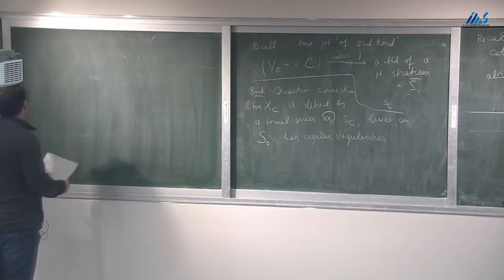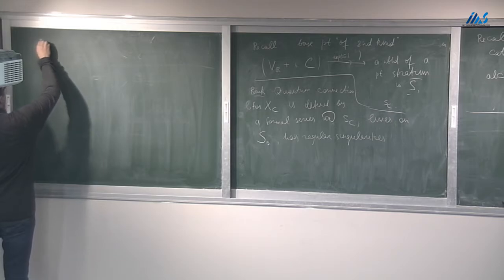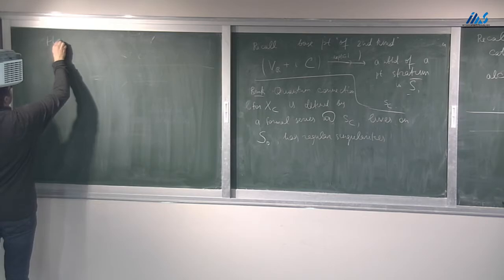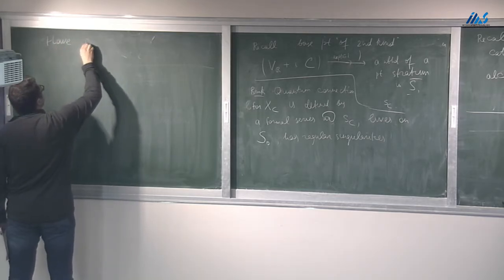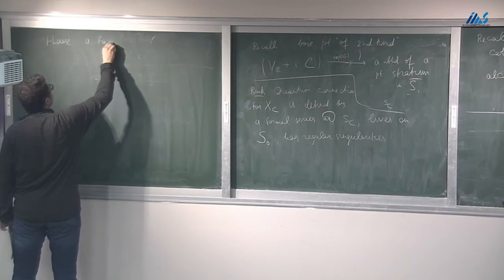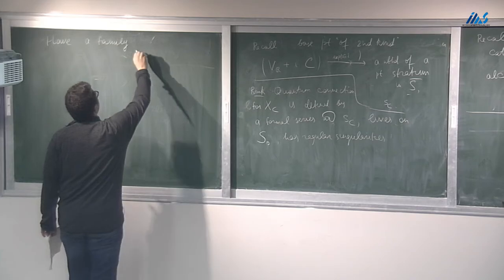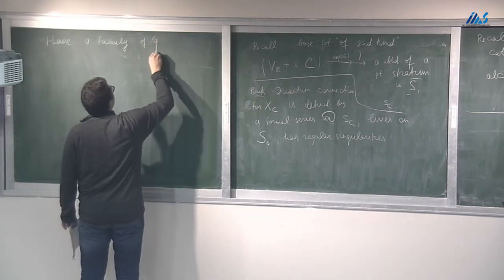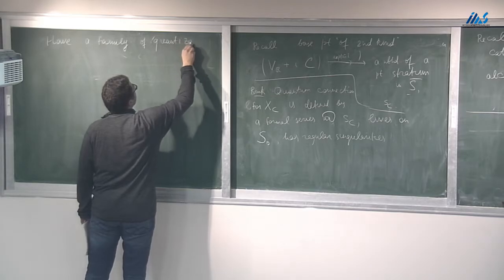Right. So we have quantizations, a family of quantizations parameterized by points in lambda. We have more, but I want to stick to those parameterized by lambda.